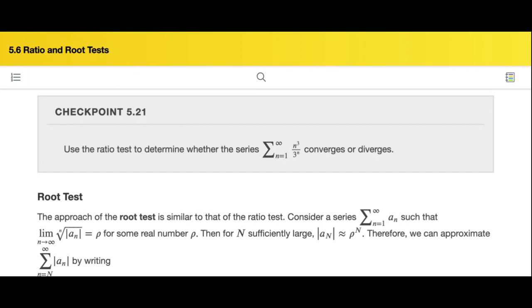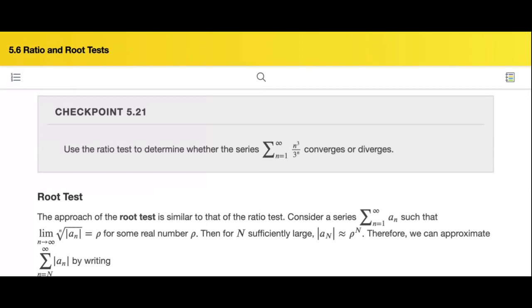Because we have n plus 1, let me do it in the chat. I have n plus 1 raised to 3 divided by 3 raised to n plus 1, right? Then I'm going to multiply by the inverse, which is 3 raised to n over n raised to 3. Right. Okay, James, Golem also got 1 over 3.